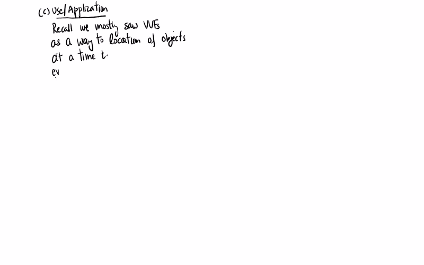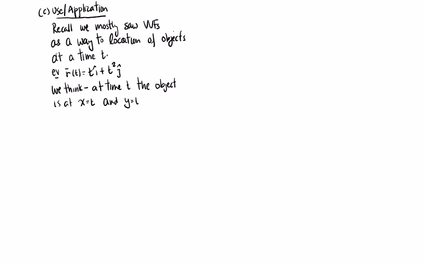So for example, if we had something like r of t, say it was t i plus t squared j, then we think, at time t, the object is at x equals t, that's the i component, and y equals t squared.